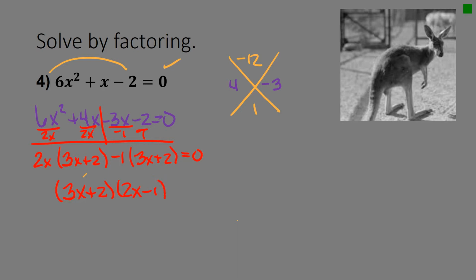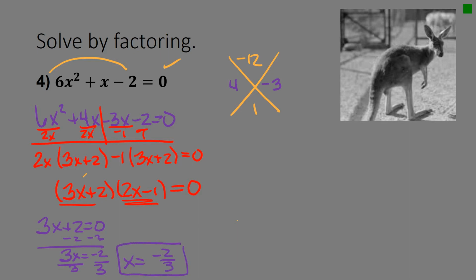If it said factor, I would stop, but it says solve. So I'm going to set it equal to 0. That means one of these two has to equal 0. So I'm going to set 3x plus 2 equal to 0, subtract 2, 3x is negative 2, divide by 3, x is negative 2/3.